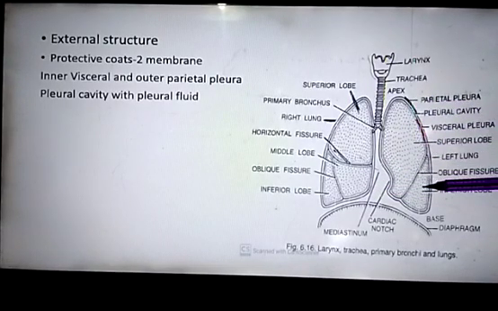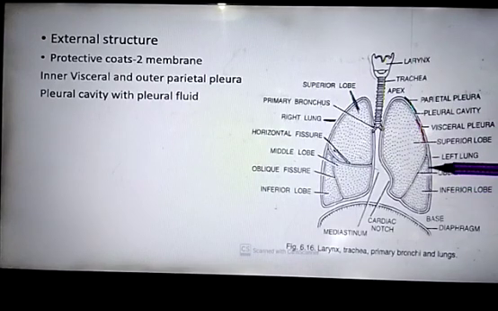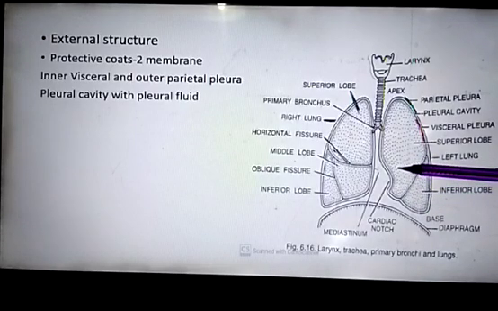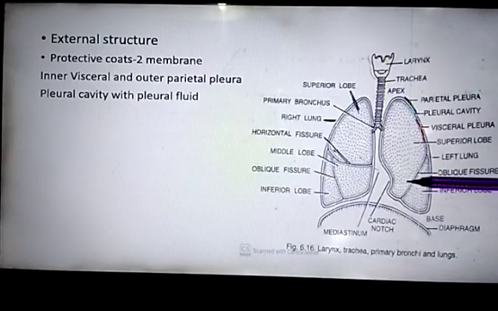Now the left lung is divided into two lobes, a large superior lobe and a small inferior lobe, with the help of the oblique fissure. The left lung is narrower than the right lung and it is smaller and lighter.